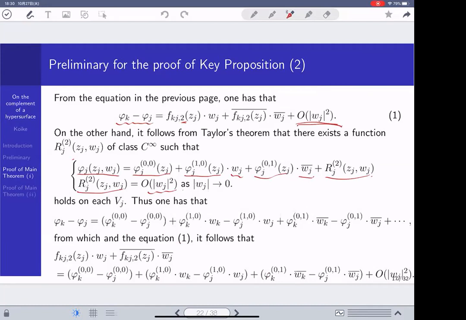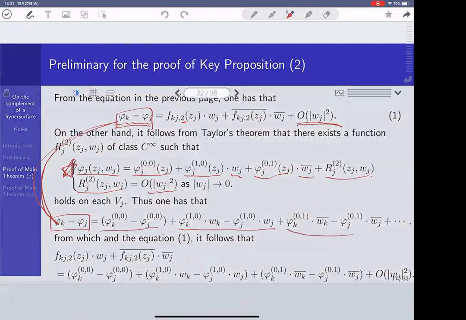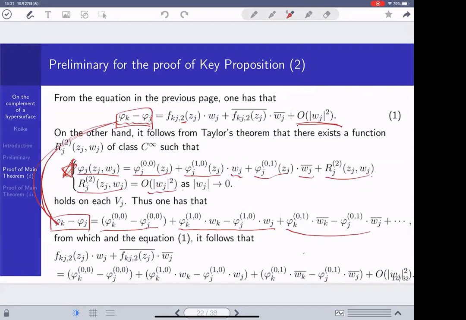Then by using this finite Taylor expansion, we have another expression of the same function phi k minus phi j, which is phi k00 minus phi j00 plus phi k10 wk minus phi j10 wj plus the anti-holomorphic counterpart and higher order term.